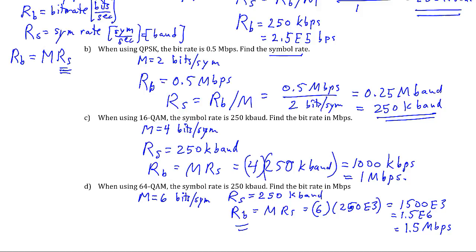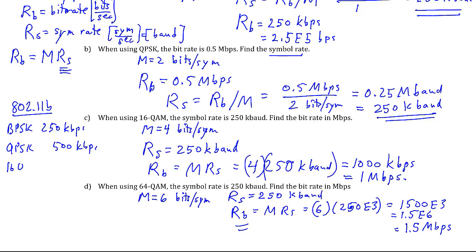So we can see here that in 802.11b, in summary, we have BPSK, and we get 250 kilobits per second. We have QPSK, we get 500 kilobits per second, that is half of a megabit per second. We have 16 QAM, we get 1 megabit, and 64 QAM, we get 1.5 megabits per second.